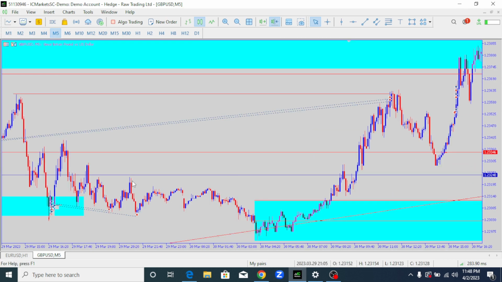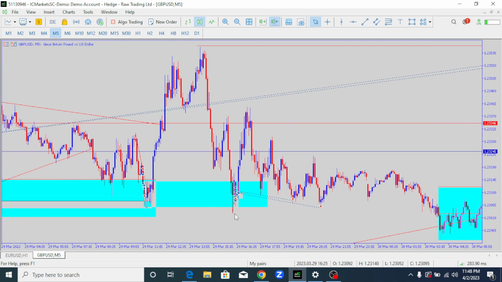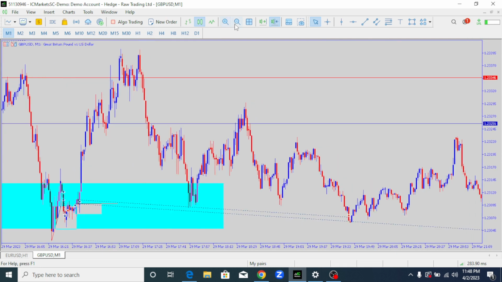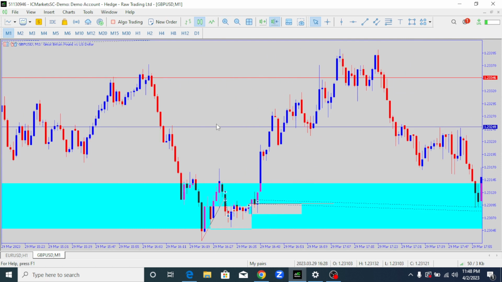I saw this weakness, I saw it was just a sweep, so I went to M1 and looked for an entry. I got 2 entries.